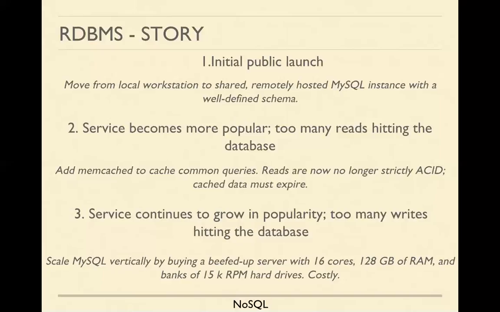But the service continues to grow in popularity. If your service still keeps on growing and there are too many writes hitting the database, at this point, since you have become popular, you might raise some funding, and with the banker's money, you buy this really high-end database server, having 16 cores and 128 GB RAM and banks of 15,000 RPM hard drives.